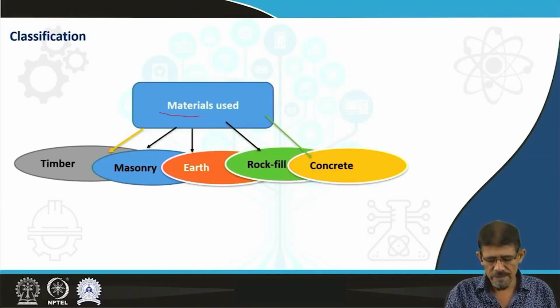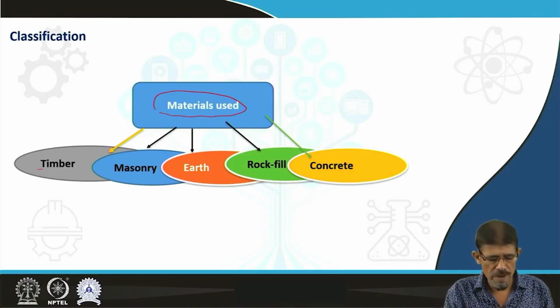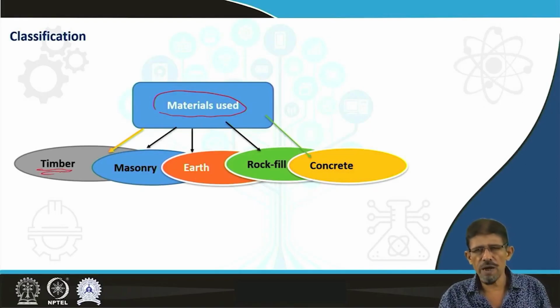As far as materials used for construction of dam, we are going to divide them considering the majority of dams: timber or wood as one important material, then masonry, then earth, then rockfill and then concrete.